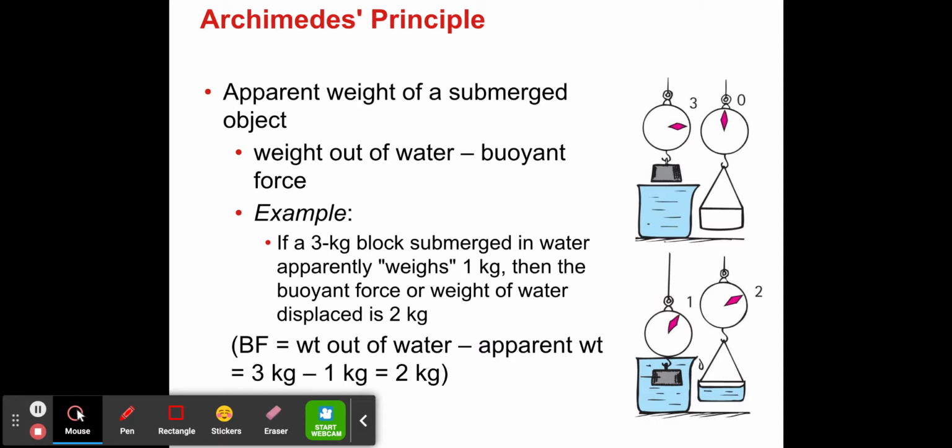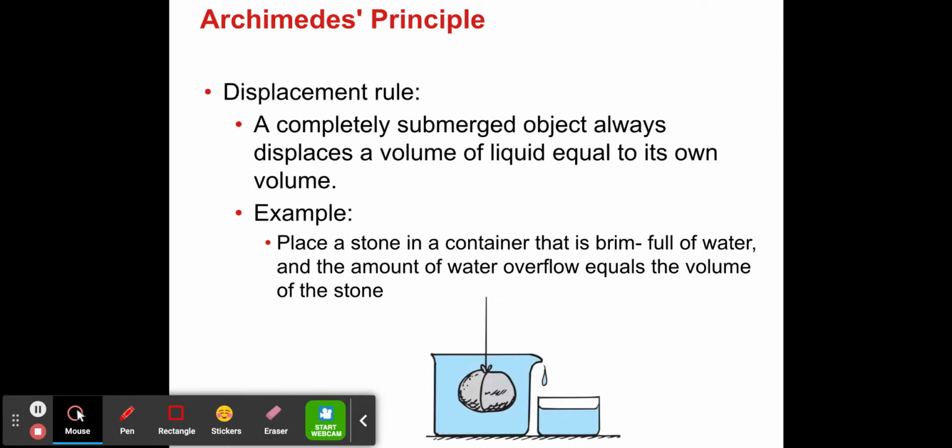Then the buoyant force or weight of water displaced is 2 kilograms. So the buoyant force is the weight out of water minus the apparent weight. So 3 kilogram minus 1 kilogram. That's the buoyant force.